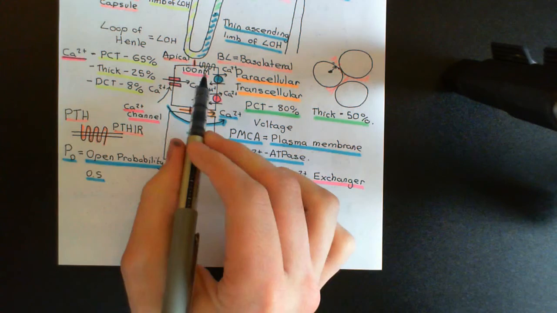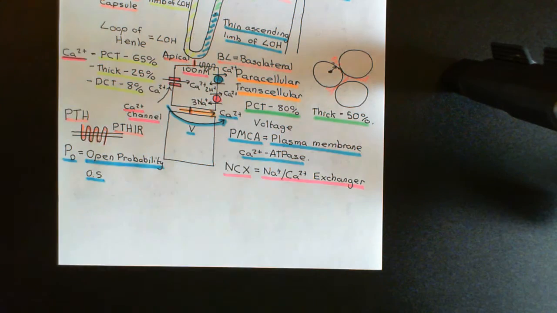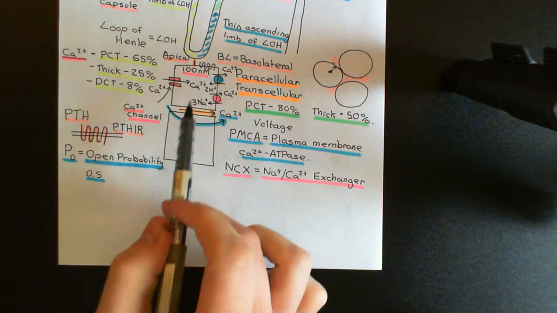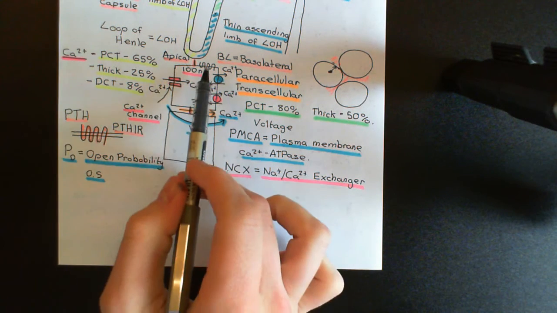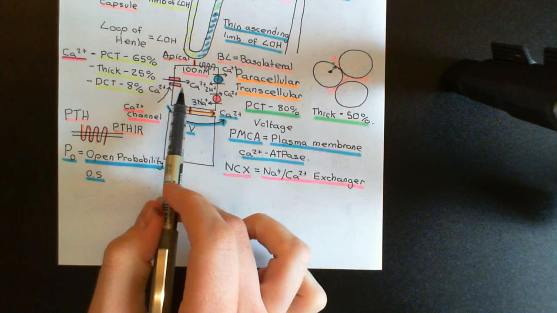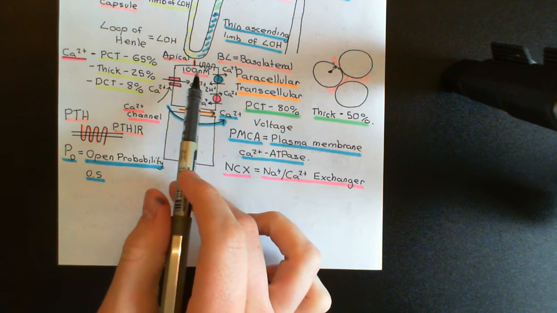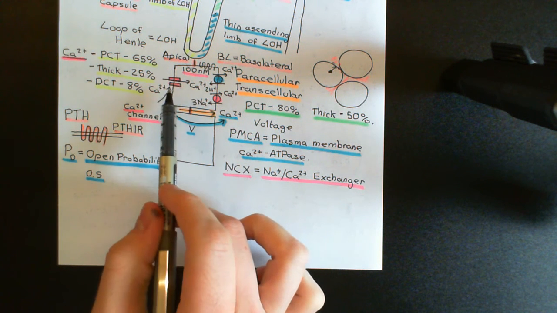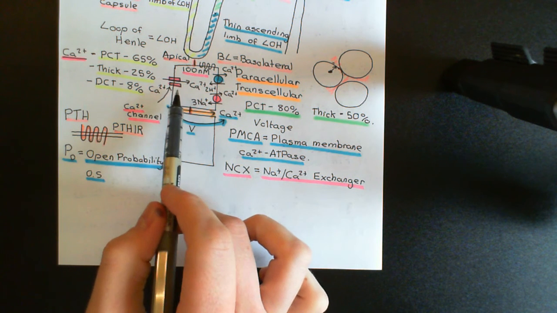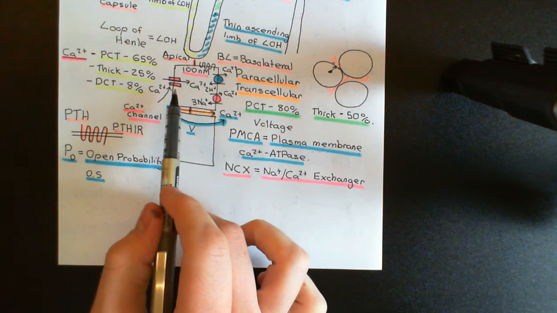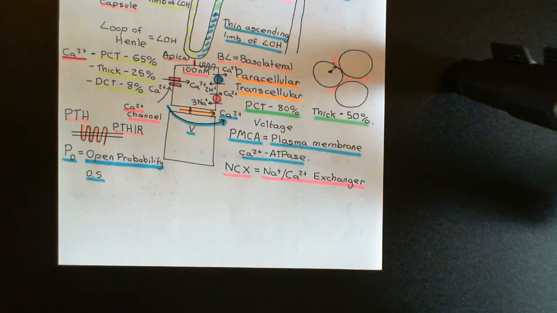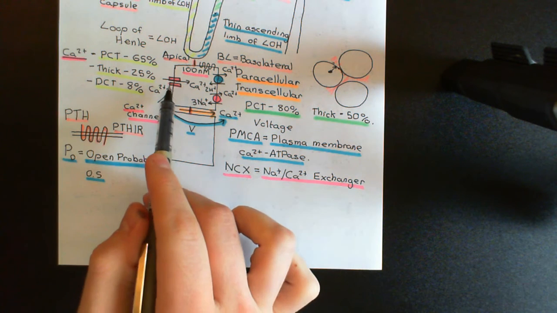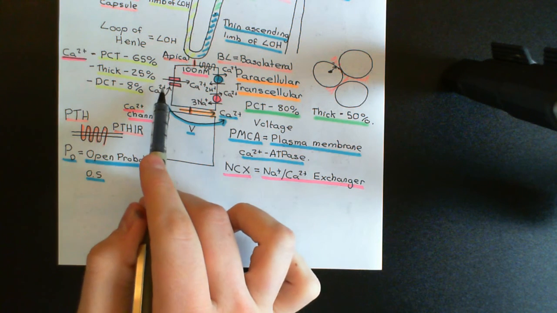So activating the parathyroid hormone 1 receptor on these renal tubule cells is going to activate intracellular signaling pathways, which we won't go through, which are then going to result in a temporary, reversible modification. I think it will be phosphorylation, but don't quote me on that, to these apical calcium channels.